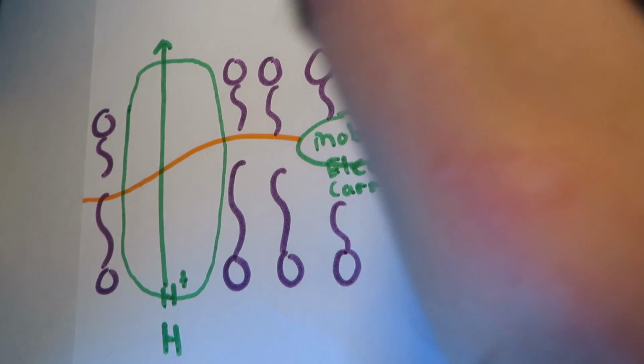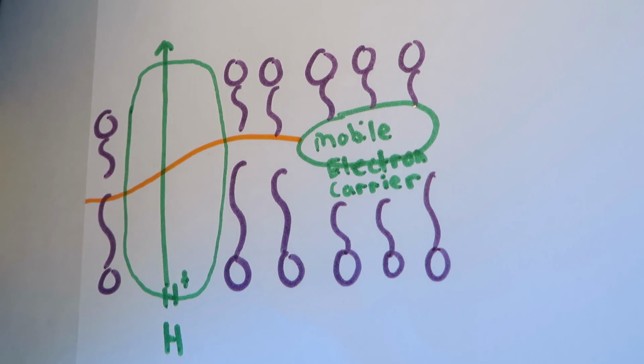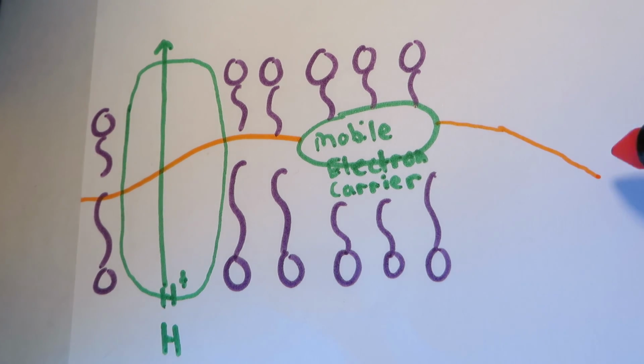More electron carriers are evident throughout the inner mitochondrial membrane, or cristae.